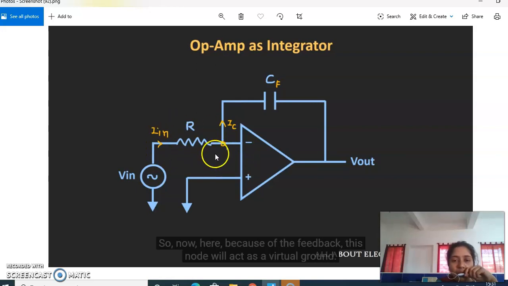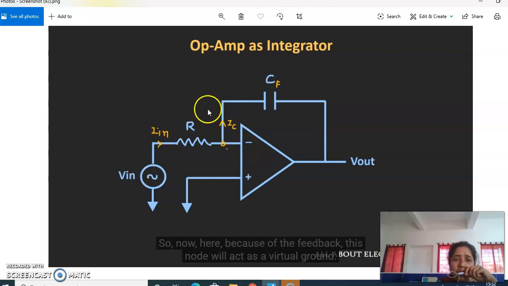Because of that, the same current will flow through the capacitor; let us indicate the capacitor current as IC. According to the virtual ground concept and the ideal characteristics of the op-amp, the terminal should not draw any current. Based on that, In is equal to IC.